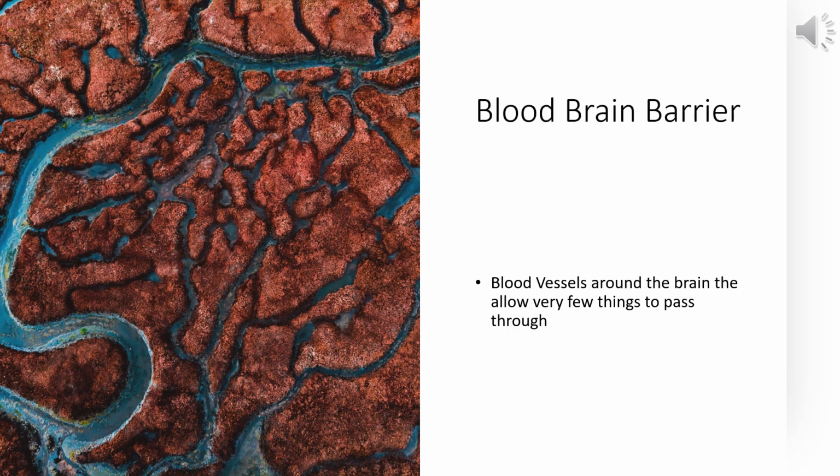Like I stated in the previous slide, we're going to talk about the blood-brain barrier. Basically, it is cells that make up a wall of blood vessels that surround the brain, and it allows various things to pass through.